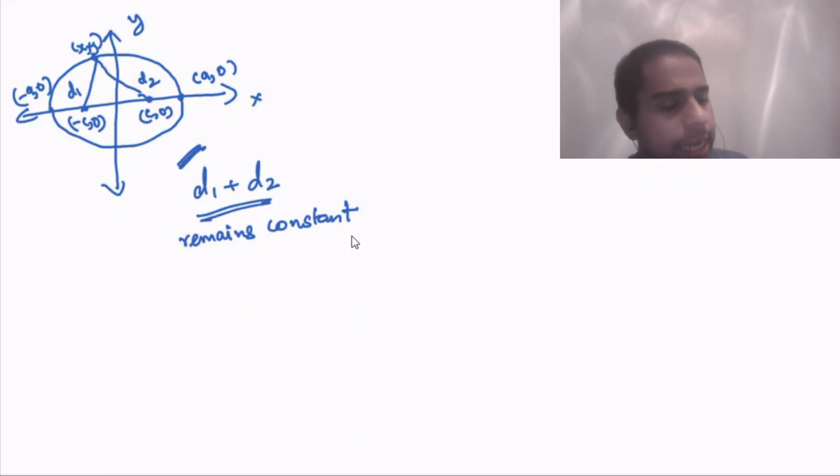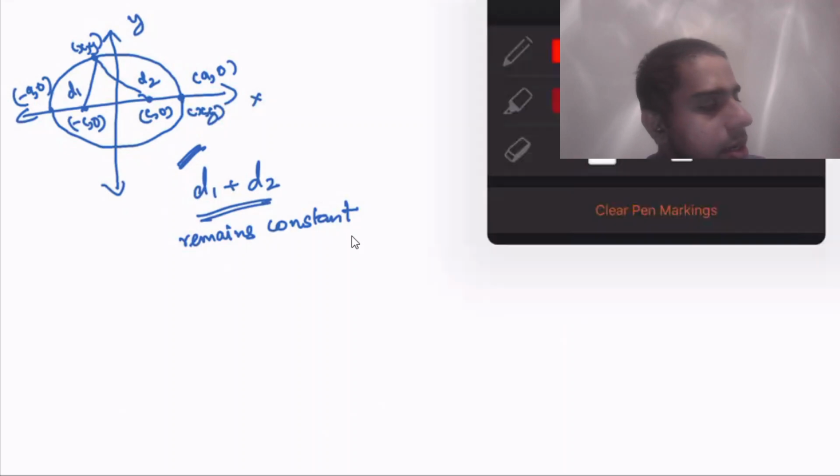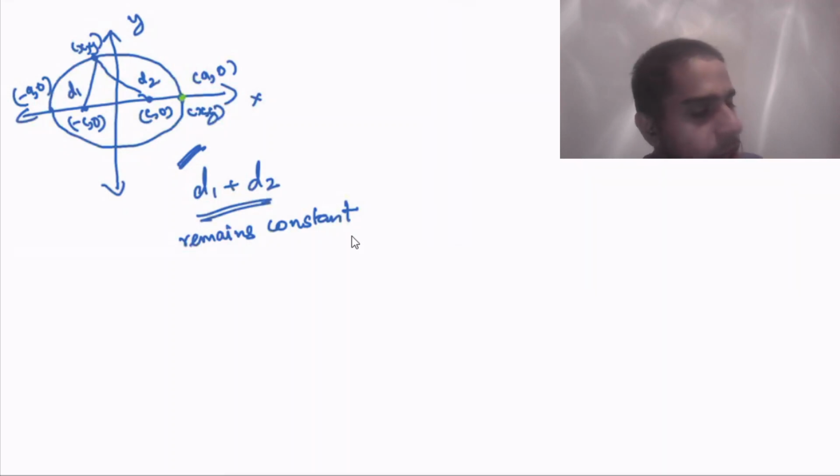Now let us consider the case when the point x comma y is here, because this point also lies on the ellipse, right? So we can also consider this point x comma y. When we consider this point, the distance between this focus point and x comma y is this length plus this length.